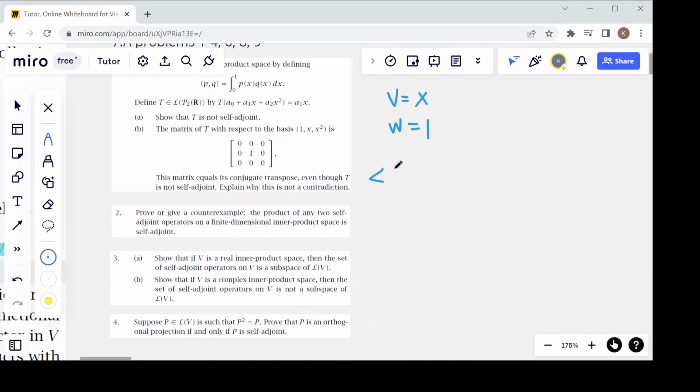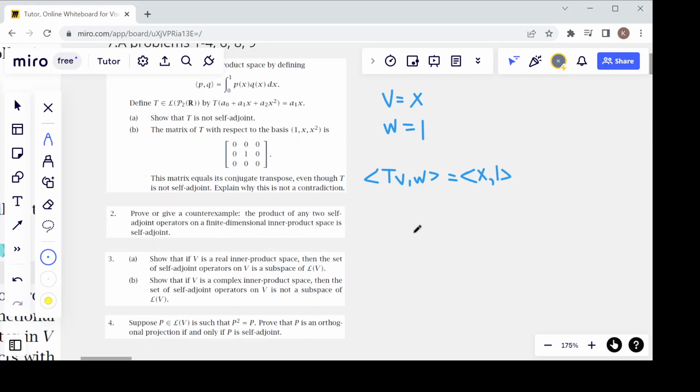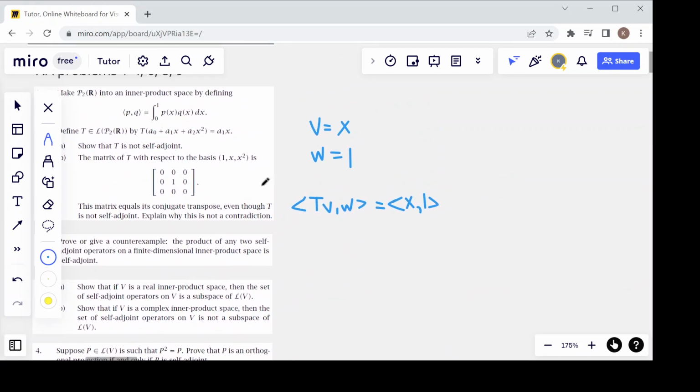So first T applied to v, and w, as the inner product. So that's going to be the inner product of, we said that T applied to v, which is x, is just x, so it stays unchanged. And here's our w polynomial. So we want to take the inner product, and we just follow the definition that we were given. This is going to be the integral from 0 to 1 of these two polynomials multiplied, which is just x dx.